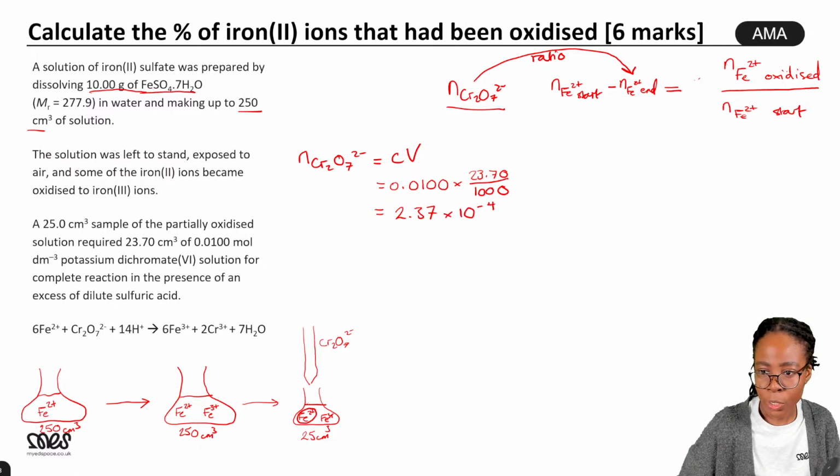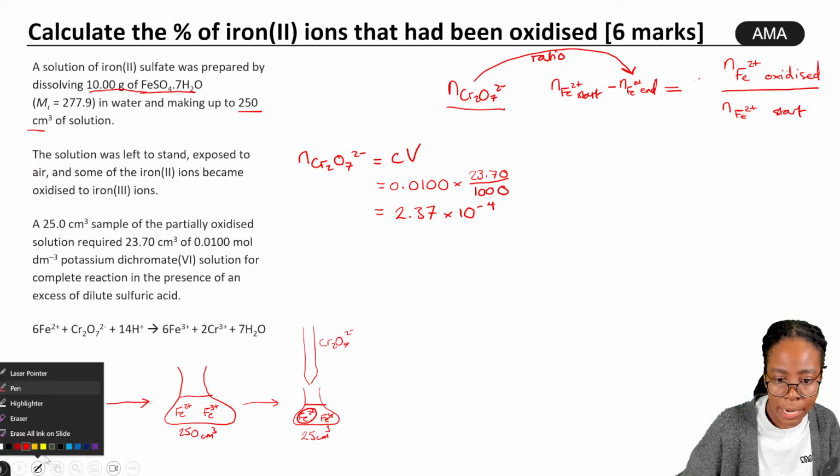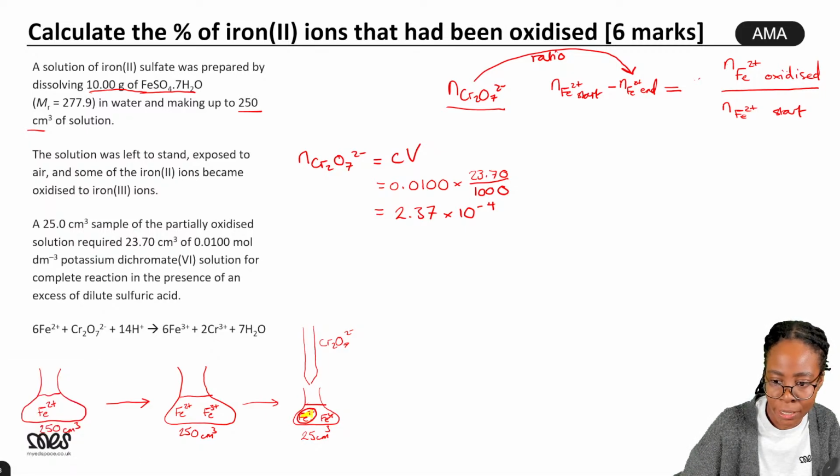Okay? We can now, as we've just seen, use the moles of the dichromate to tell us how many moles of the Fe2 plus we had in that solution. The moles of the dichromate will tell us the moles of Fe2 plus that we had left at the end.